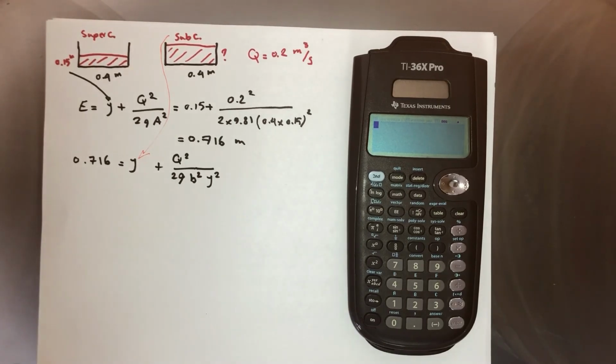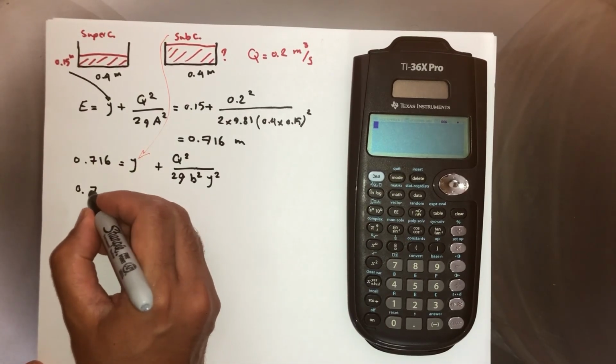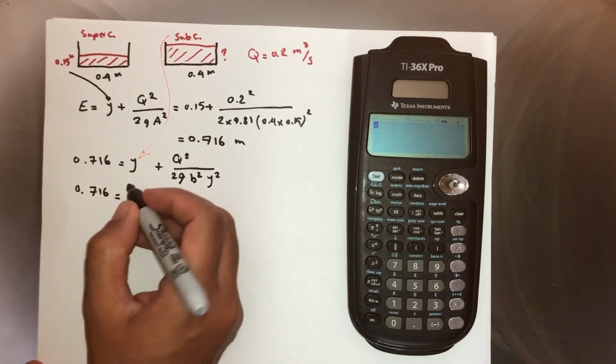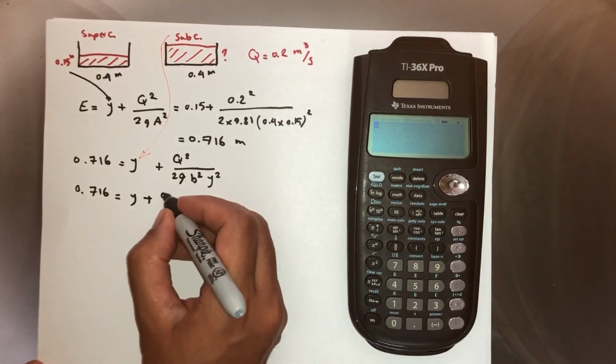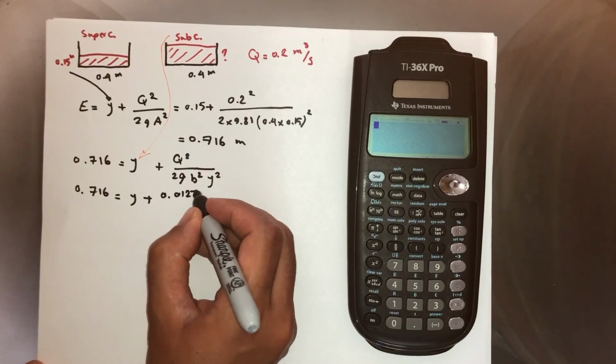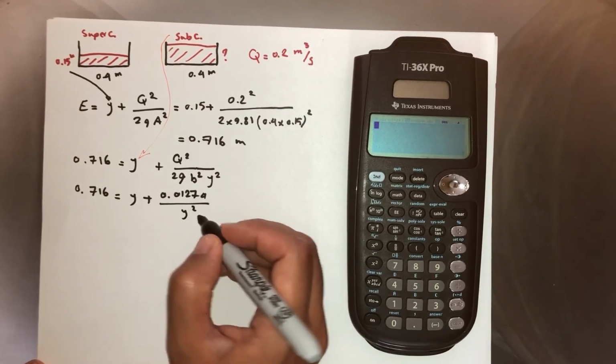After simplification we get 0.716 equals y plus 0.01274 over y squared.